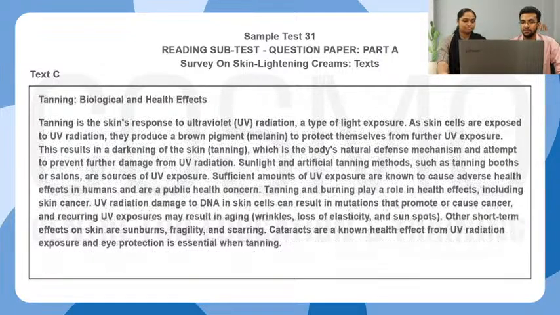Okay, let's move on to text C. Okay, and now text D.